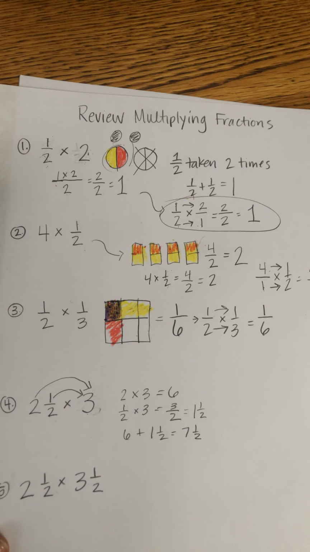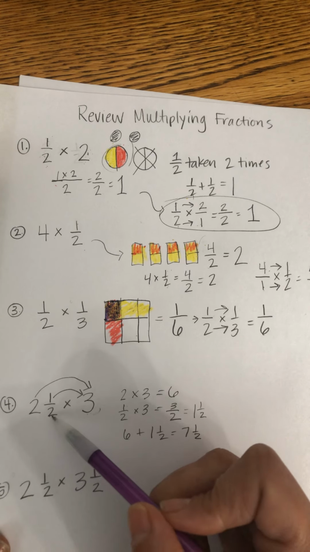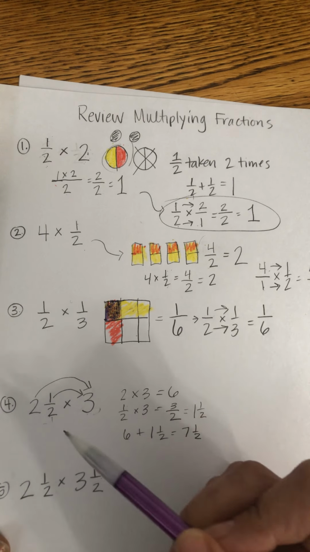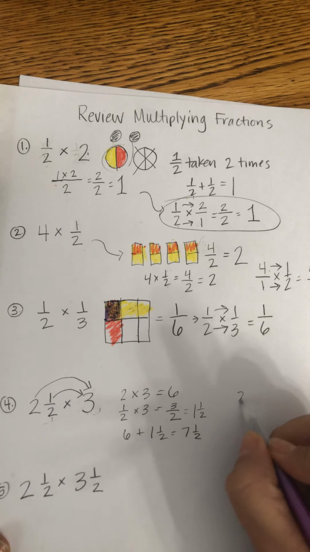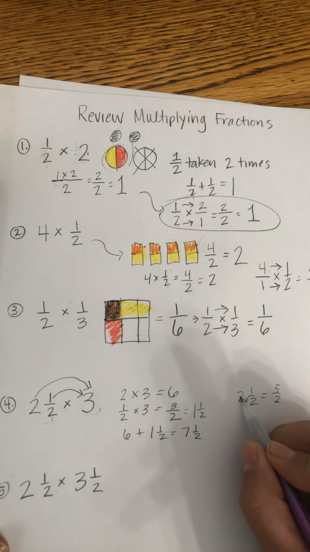That's a little complicated for me because then you're gonna have to do quite a bit of partial products and then switch some denominators and add them. So an easier way to do this is just flip this into an improper fraction, then multiply. So 2 1/2 is equivalent to an improper fraction of 5/2 because you multiply the denominator times the whole number. 2 times 2 is 4.